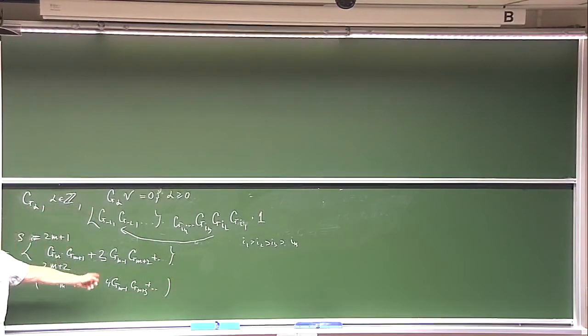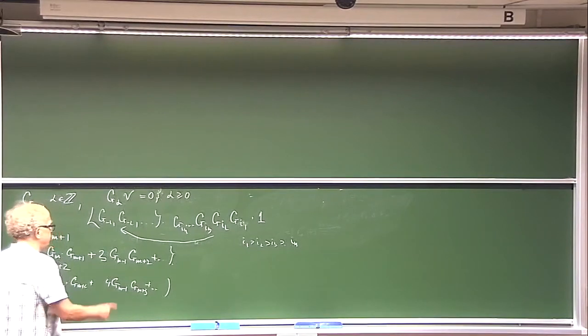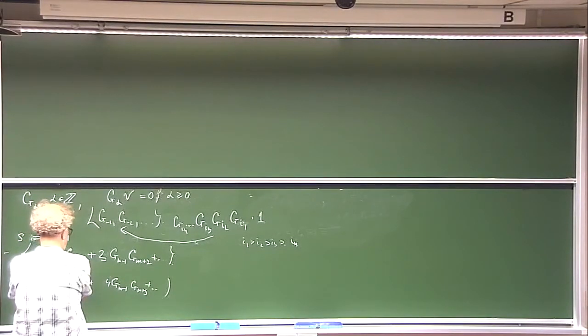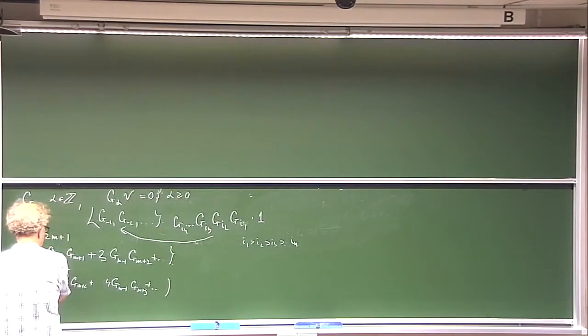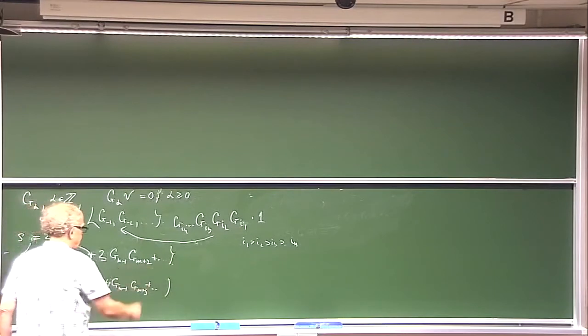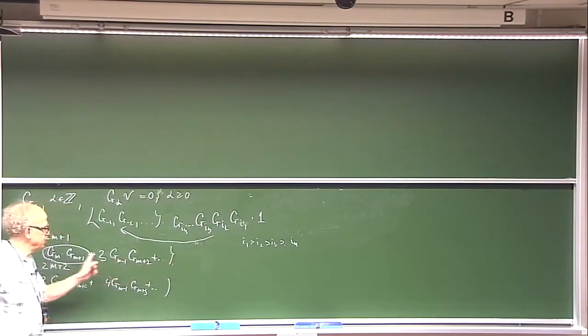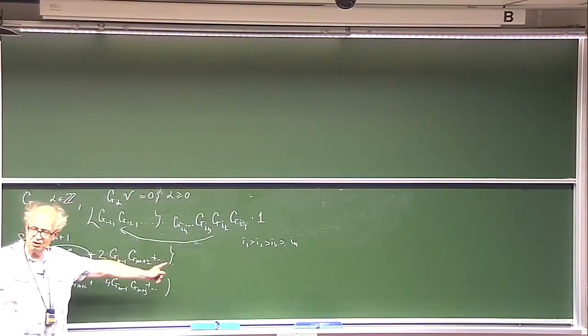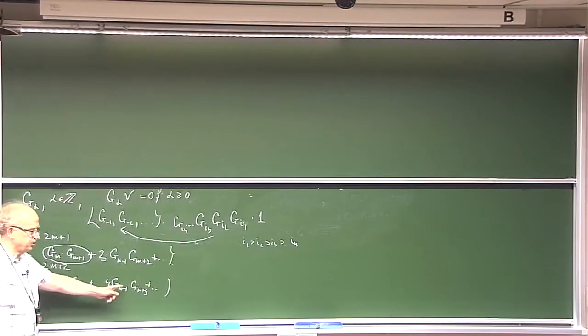So our relations look like this. And from the point of view of the basis, using these relations, it means that if in the basis we have an element like this, we can rewrite it as a sum of elements here, because this sum has to be equal to 0 from the relation, and these things also have to be equal to 0.